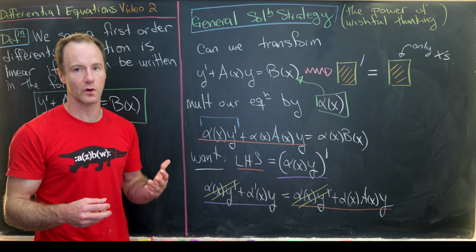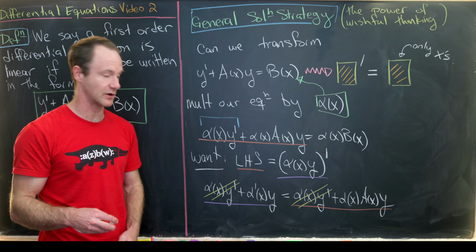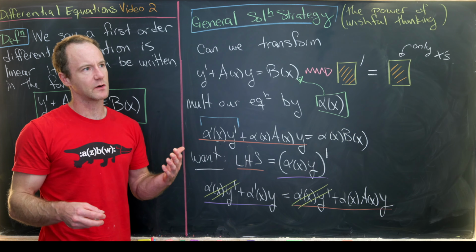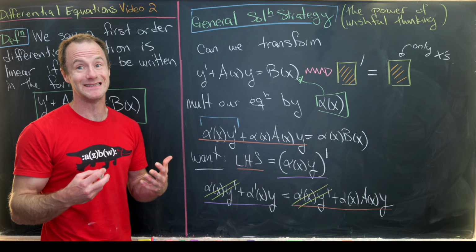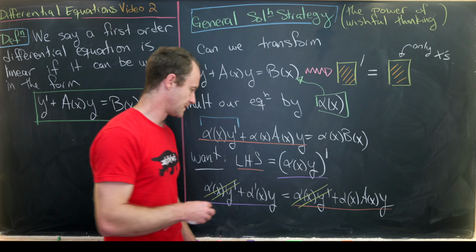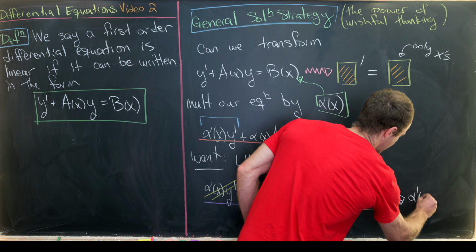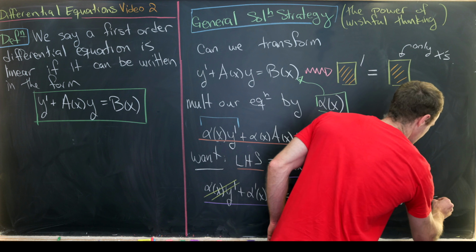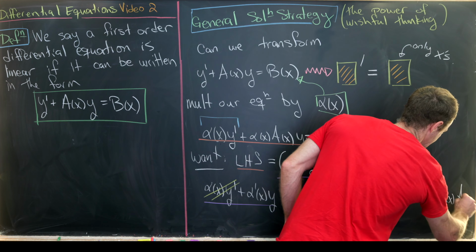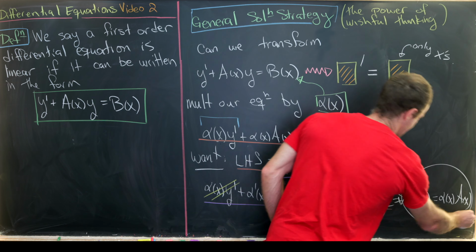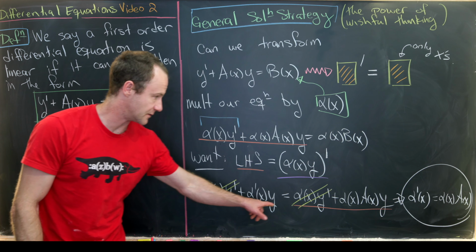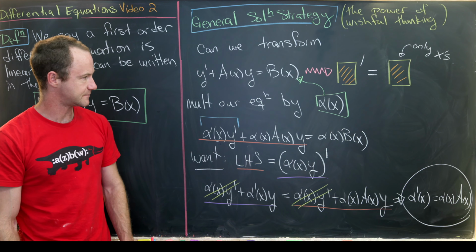You might be a little bit worried here because what if y equals 0? You can't divide by y. But we're assuming that y is not identically the 0 function. So dividing by y gives us alpha prime of x equals alpha of x times capital A of x. Again, that's from dividing both sides by y.